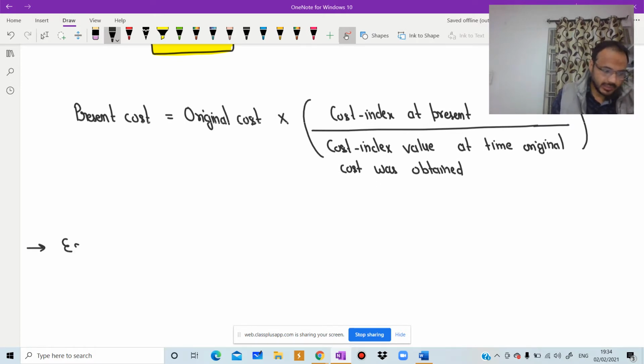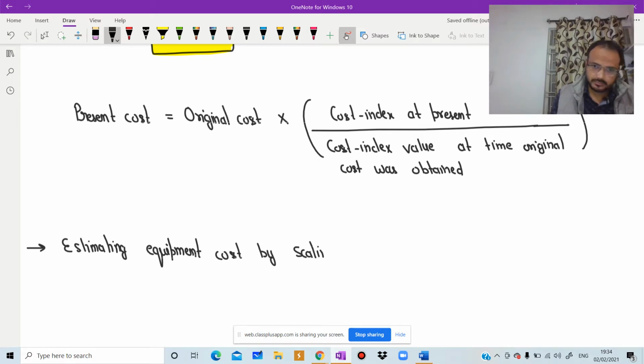Second one is estimating equipment cost by scaling. This is also known as the 6/10 rule.